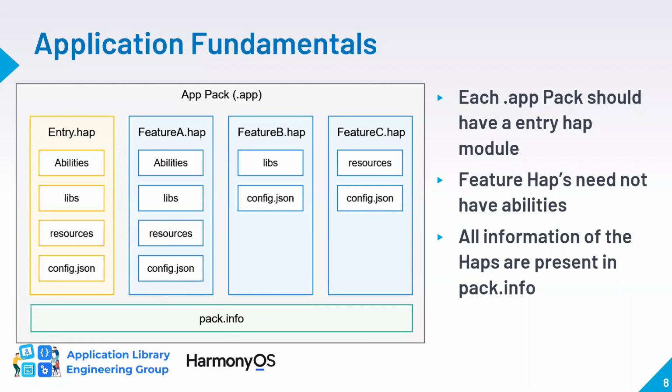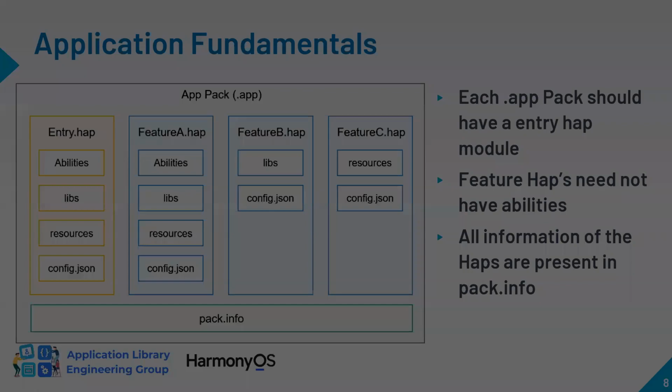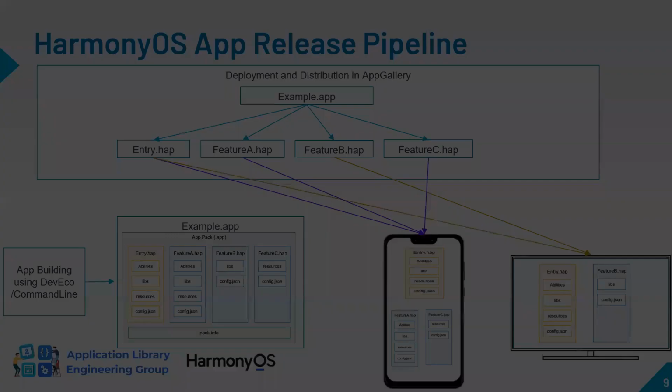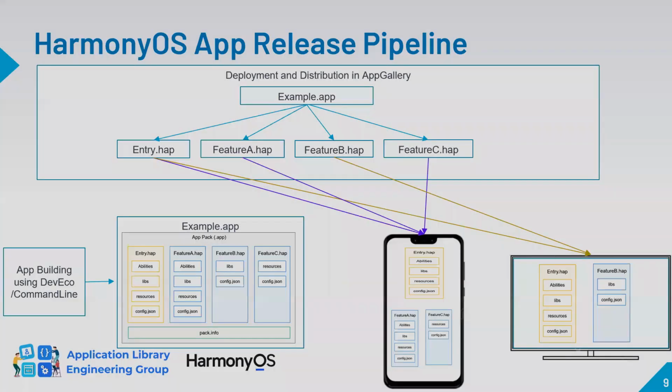Now let's check the HarmonyOS release pipeline, as in when a developer tries to release the application into the app gallery, what happens internally. Say, for example, the developer tries to release an example.app file.